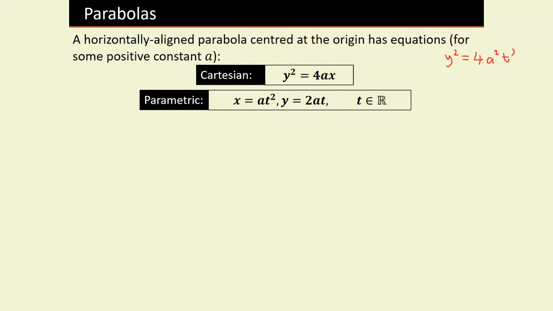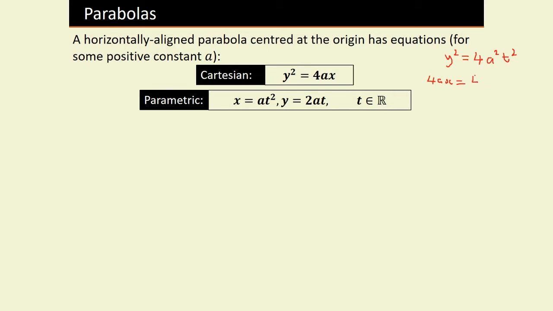That's 2at all squared. 2at times 2at is 4a squared t squared. Well, that should be the same as 4ax for our parametric form to actually satisfy the Cartesian equation, the actual equation that we usually see for our parabola.